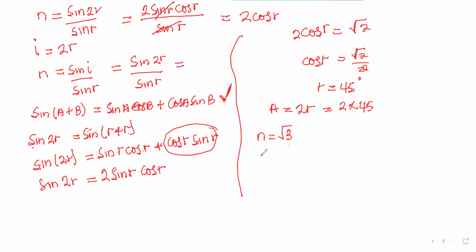Sir, please can you repeat that sentence? The angle of minimum deviation for a glass prism with refractive index equal to √3 equals the refraction angle of the prism.